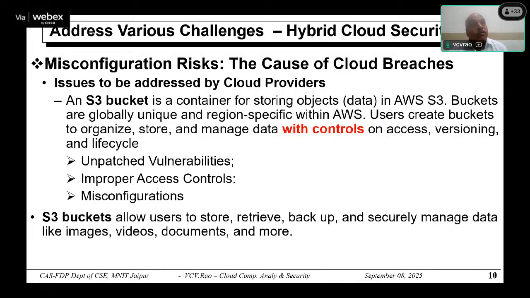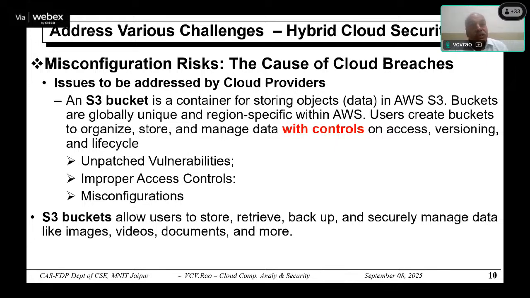All these things we need to do. Sometimes the service provider provides many things, but it is the responsibility of both the user and the service provider to check for vulnerabilities. Basically the user is more worried about access control, whether it is there or not, which we need to understand. This especially happens in the case of medical health records, medical images, videos, documents, and much more.